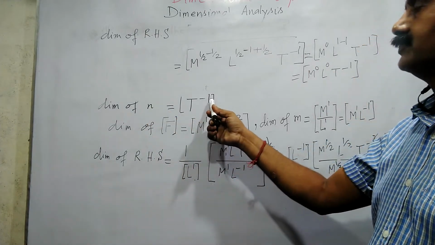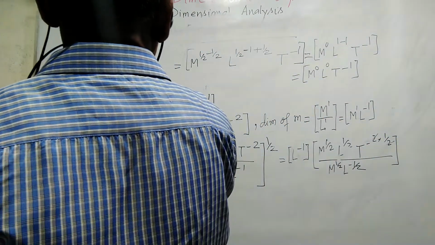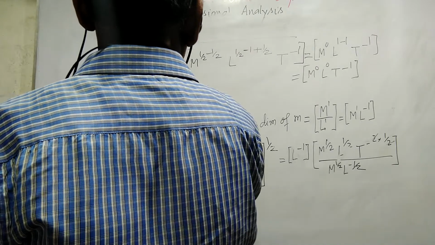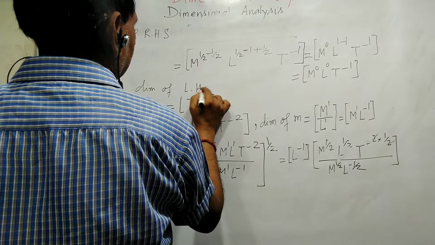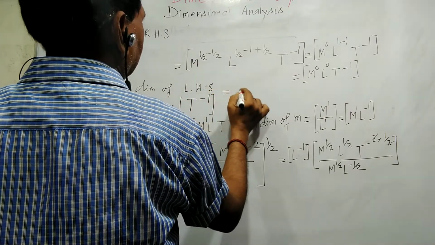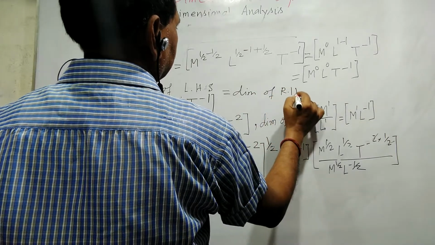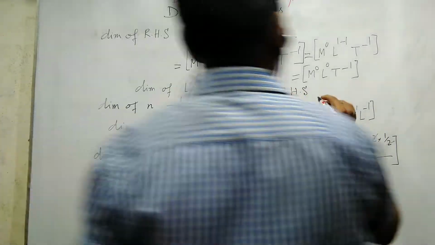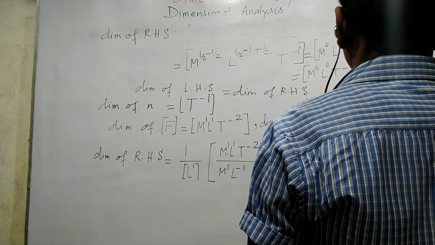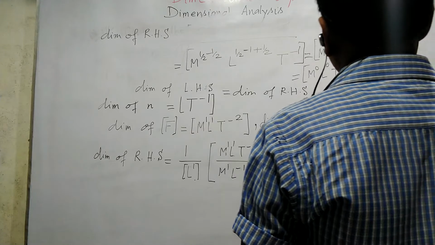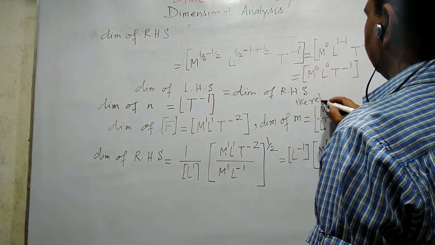That was t to the power minus 1. It means we can say that the dimension of LHS is equal to the dimension of RHS. Equal ho gaya? Then we can say, hence proved, the relation is correct.